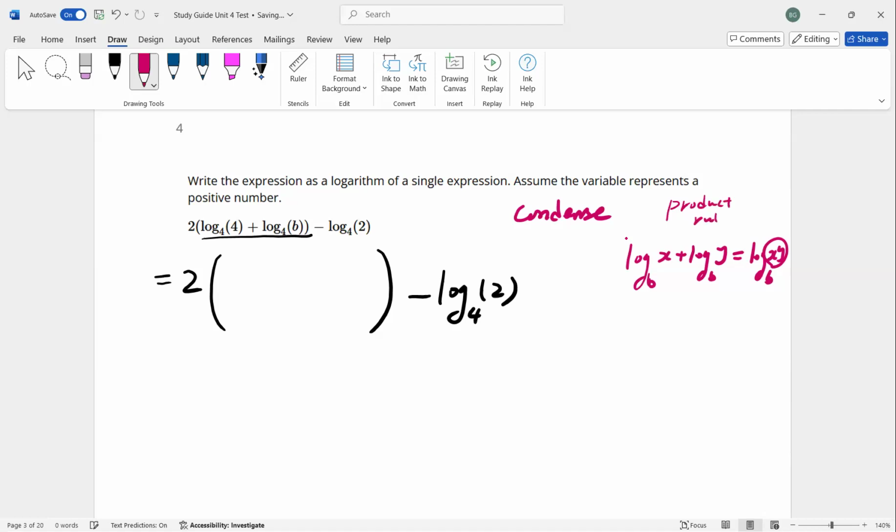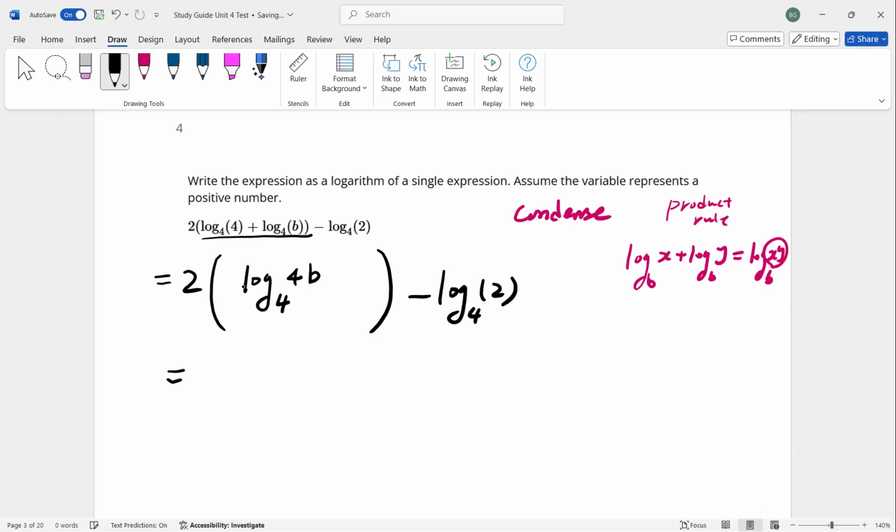So log with base 4 of 4 plus log with base 4 of b is log with base 4 of 4 times b. Multiply the 2 arguments together.